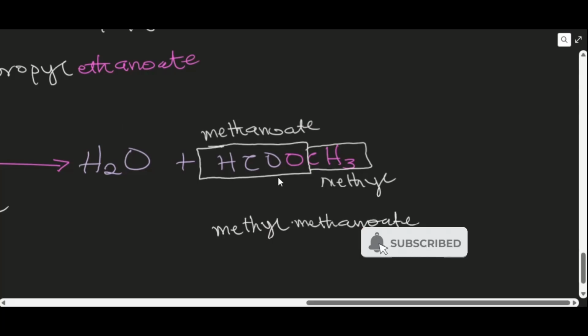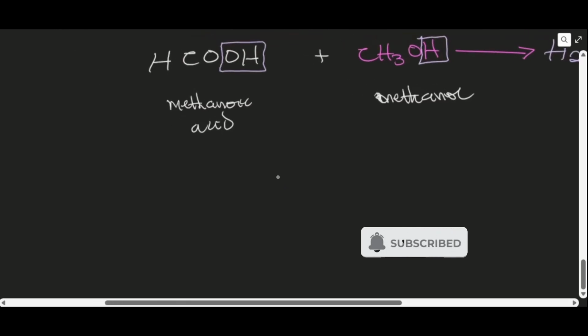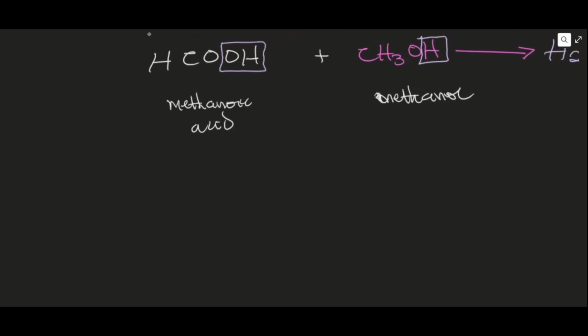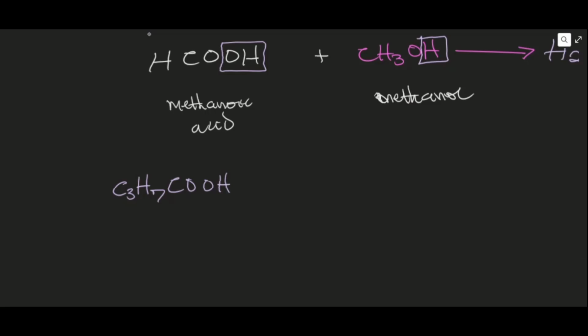I want to add one more example. So this time around, I will use butanoic acid. Butanoic acid is going to be C3H7COOH, because we have 4 carbon atoms, 3 and then 1, making 4.